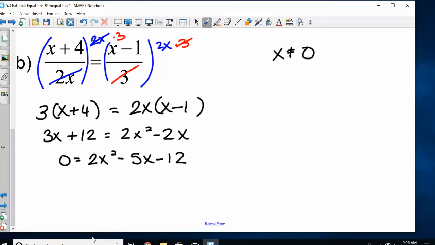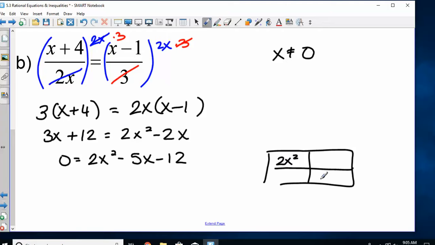If it's just a 1x squared, then you can do a shortcut. It is not, so I have to do the full box method here. So those multiply to a negative 24, and they need to add to a negative 5. What would that be?